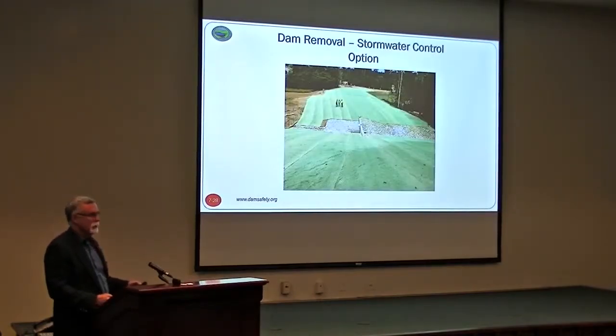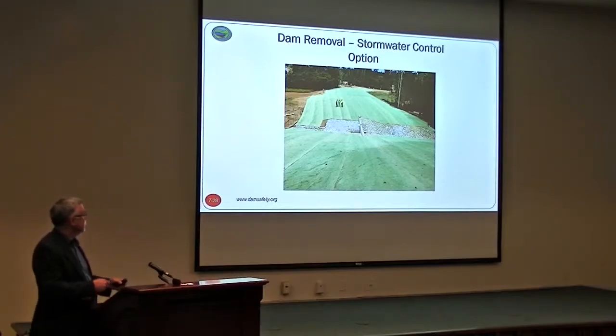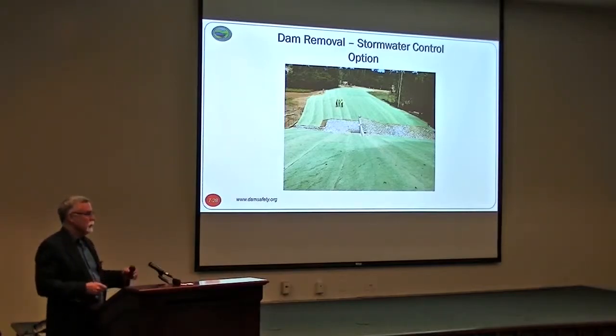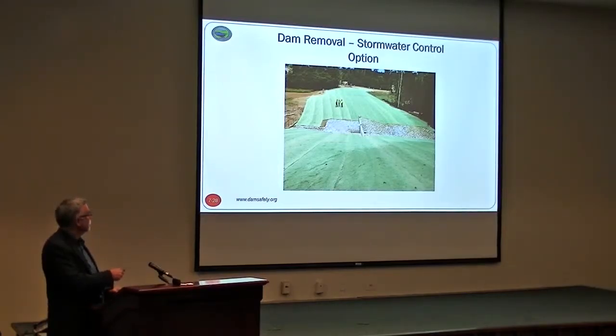Now some counties say, hey, if you're going to breach your dam, here's another one, you still have to provide some level of detention, just like a detention pond at a subdivision, for the 2 up to the 100-year storm. So in this one, the county required when you breach the dam, you had to put in a weir wall that had a pipe under it, and it simulates the same outflow for the 2 through the 100-year storm as if the dam was there.